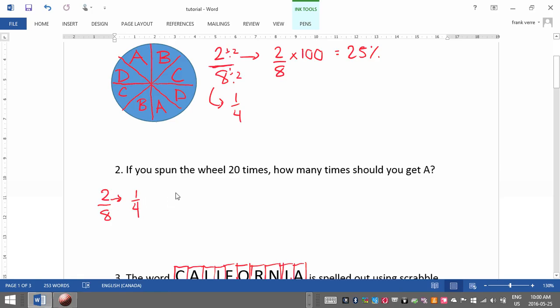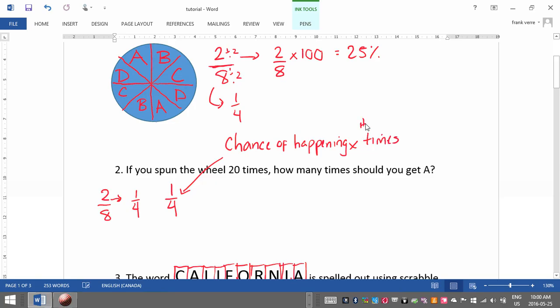So the way you do a question like this is you figure out the chance of it happening one time. So the chance of happening once is 1 in 4. And we multiply it by the number of times it happens.